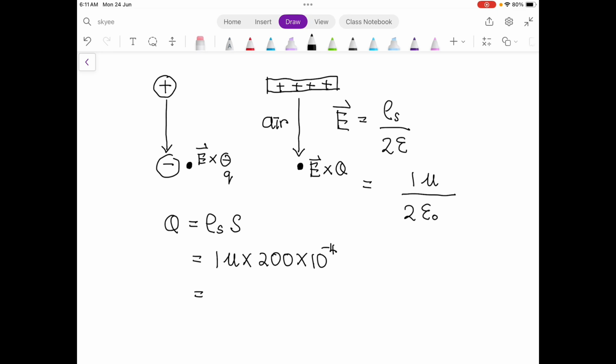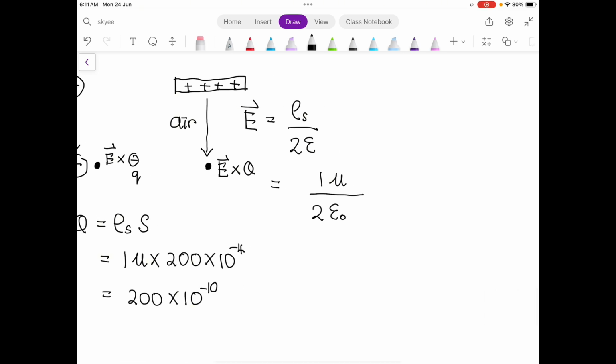So we will have 200 times 10 to the power negative 10. Now you can multiply this one over here.